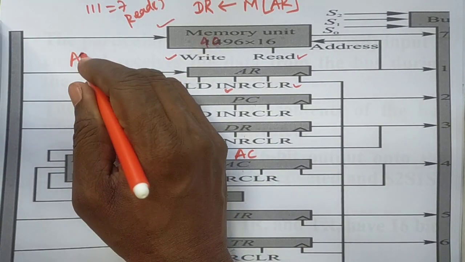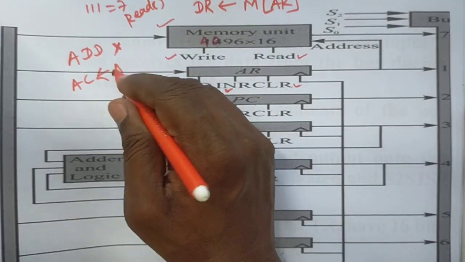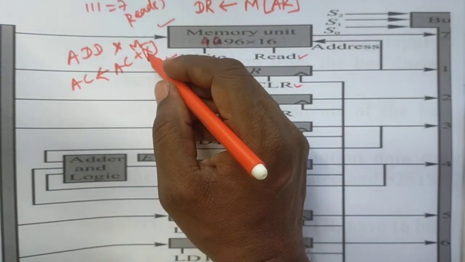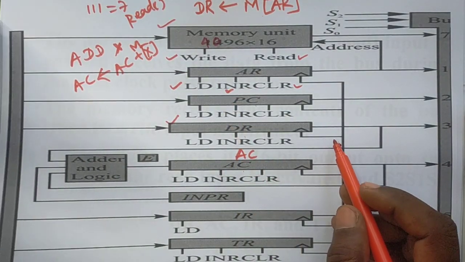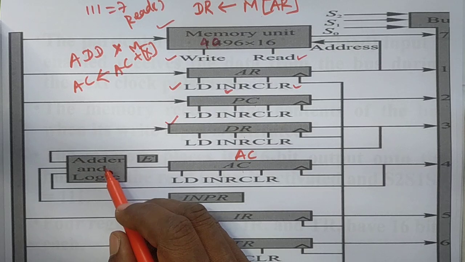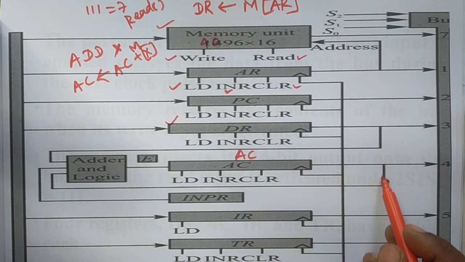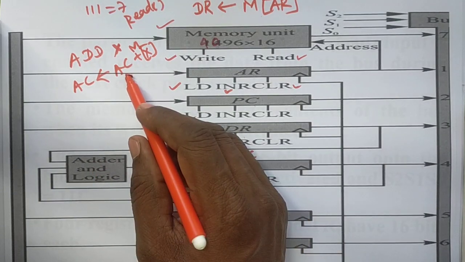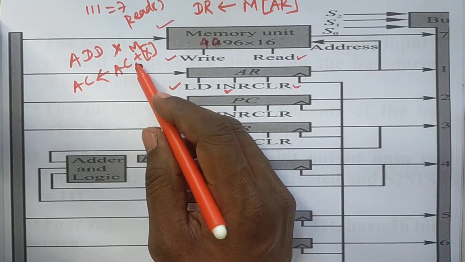Okay, so we can see a very simple way. Suppose ADD X. ADD X means AC equals AC plus X, that is, the memory data of X is added with the accumulator and stored in the accumulator. The data collected from memory is added through the adder with the AC data, and the sum of the accumulator data and memory data is stored in AC.